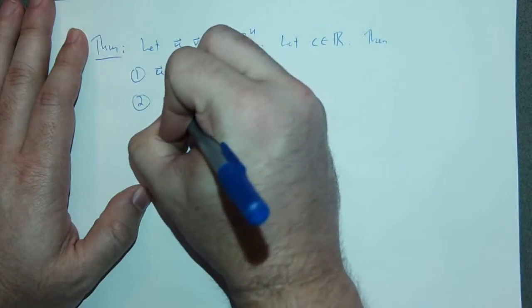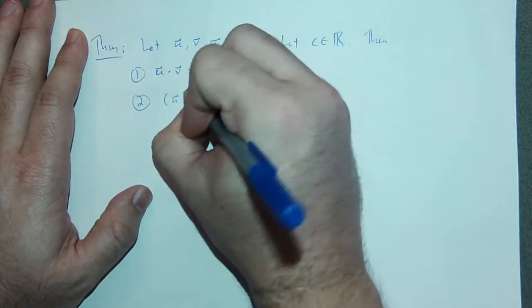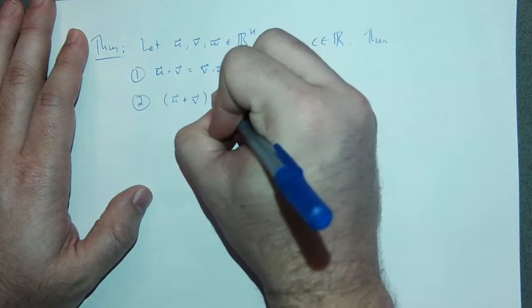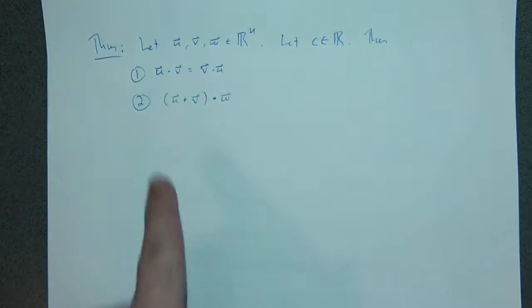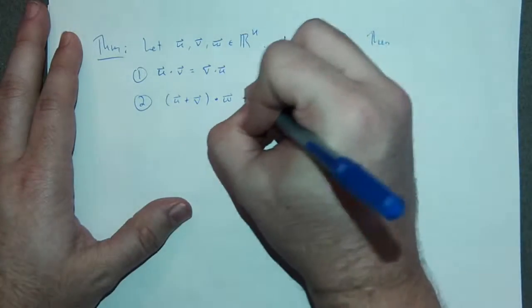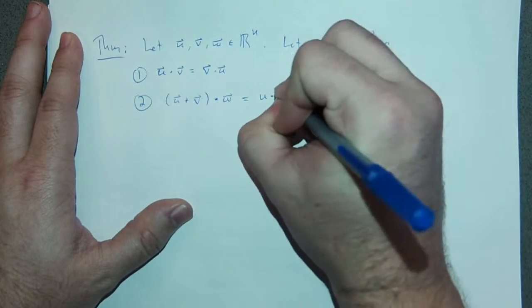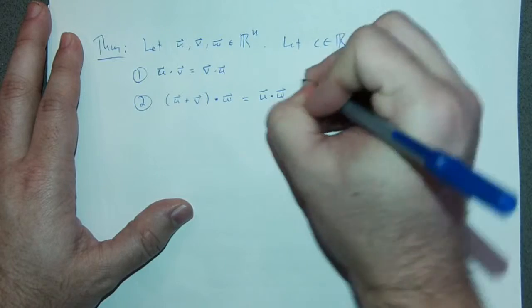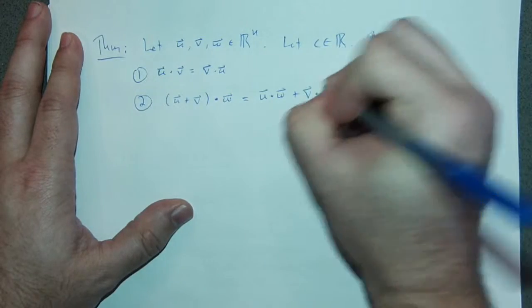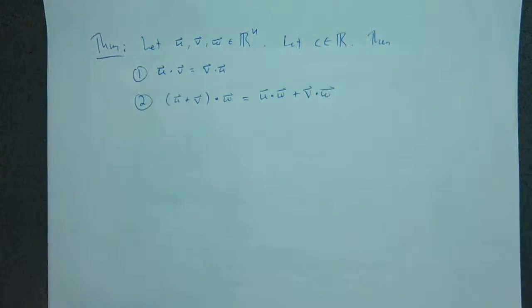The dot product has a distributive property: if you add two vectors and dot their sum with a third vector, this is the same thing as adding the dot products, u dot w plus v dot w.